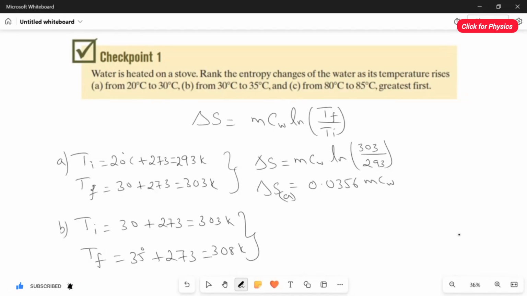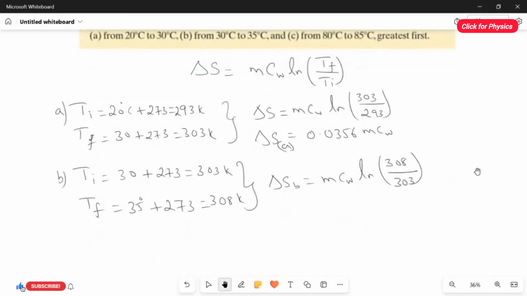So for this temperature change, let's find delta S of B, which is equal to m C_W natural log of final temperature divided by initial temperature. So that means 308 over 303. Here I got the answer for delta S_B, which is equal to 0.016 m C_W.